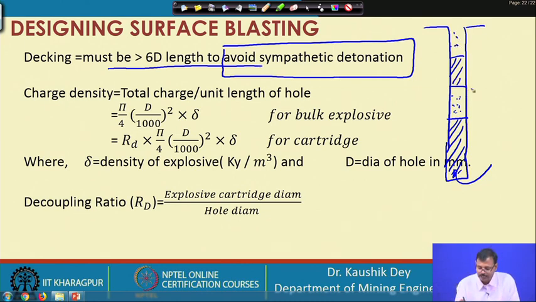So, this decking length must be greater than 6D, this inert material which is creating this deck, so that the shock generated by the explosive at this position should not sympathetically initiate this explosive.